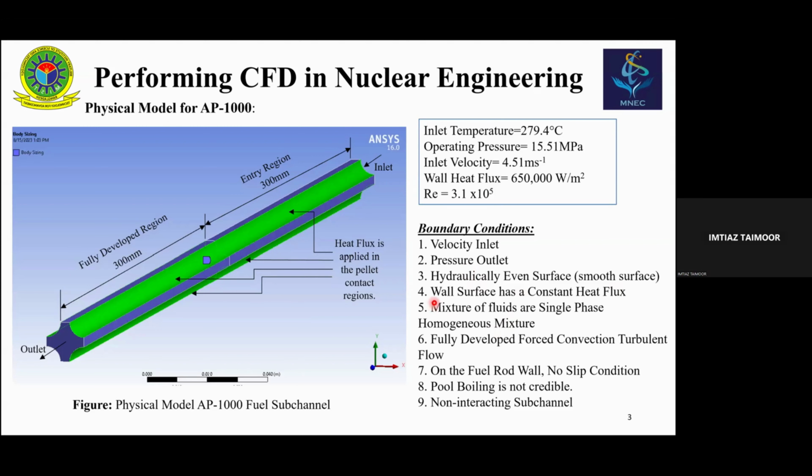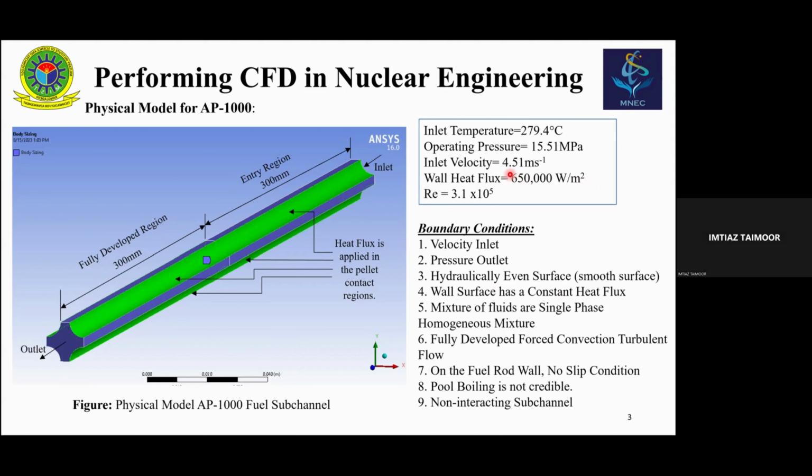Then we have another boundary condition: the wall surface has a constant heat flux. This is the face that is in contact with the fuel pellet, so it has a constant heat flux. Here the constant heat flux is 650,000 watt per meter square. You can also calculate it based on the data that is available with you.